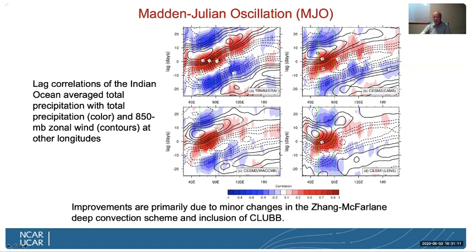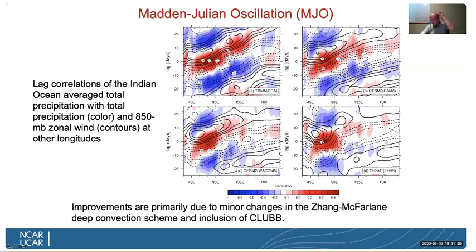You can see a clear propagation of both wind and precipitation anomalies in the eastward direction in the reanalysis product, which is quite nicely captured in both the low top and high top model versions. And you can see that these two new simulations represent significant improvements over what we had before.